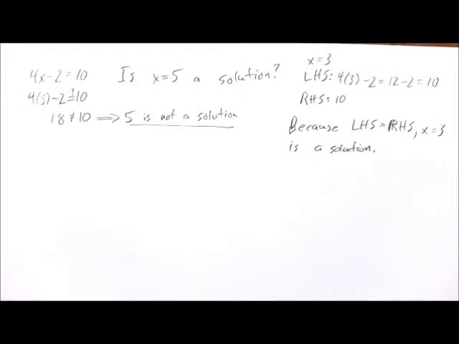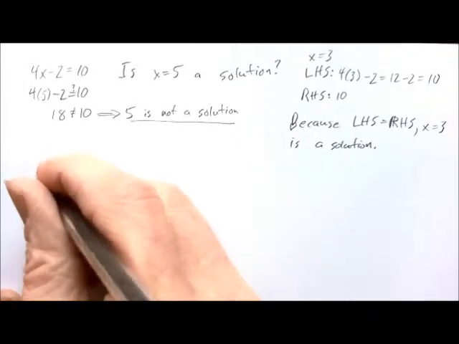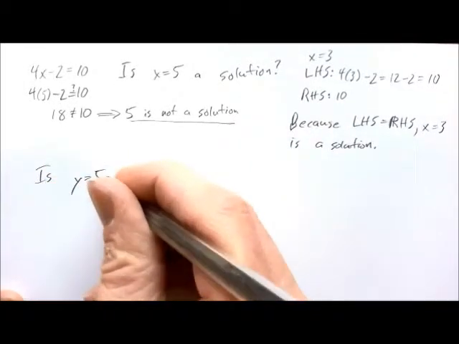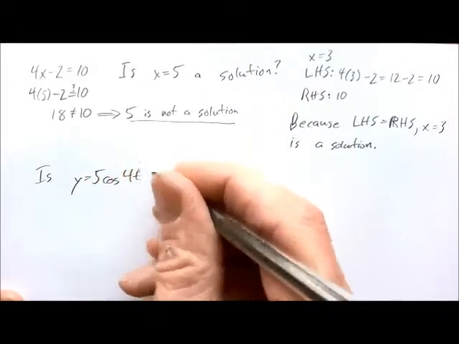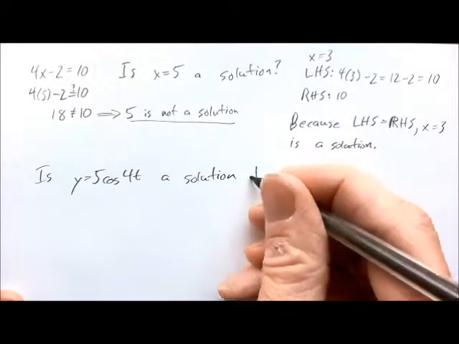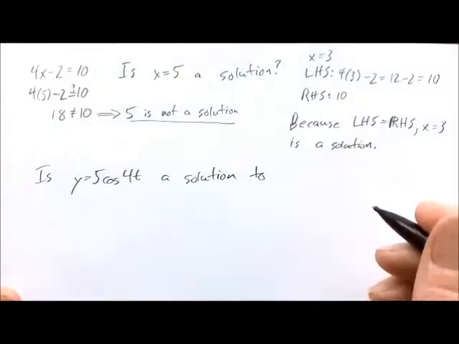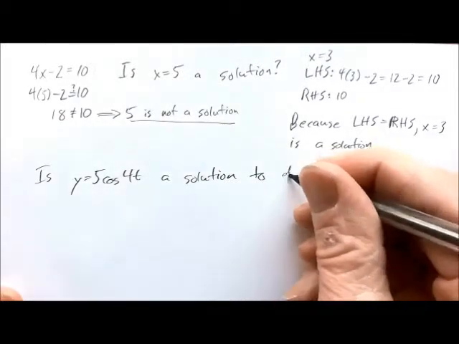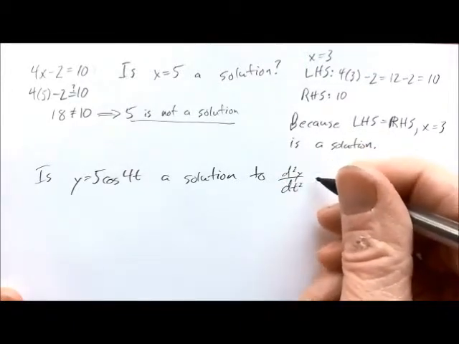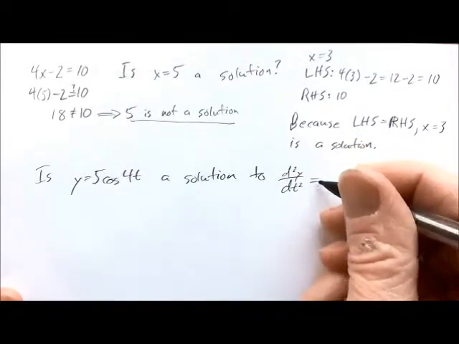So let's begin with this example. Let's suppose we ask the question, is y equals 5 cosine 4t a solution to the differential equation d squared y dt squared equals negative 16y?